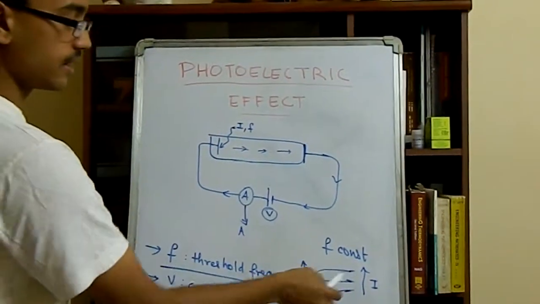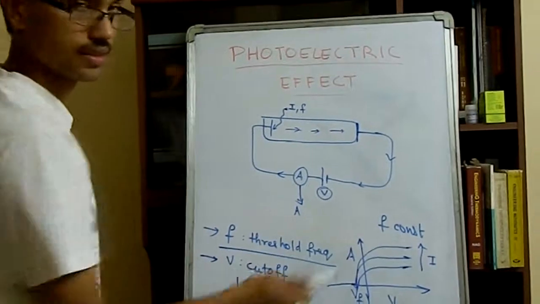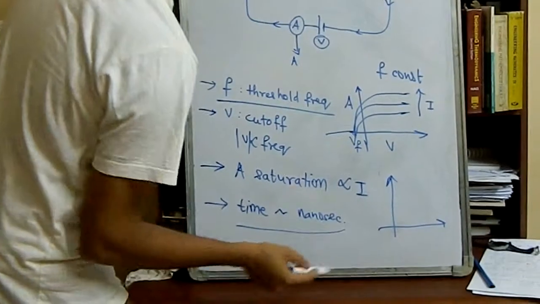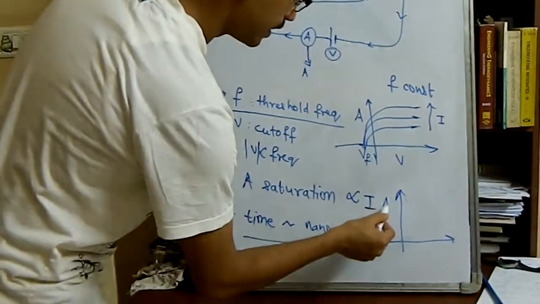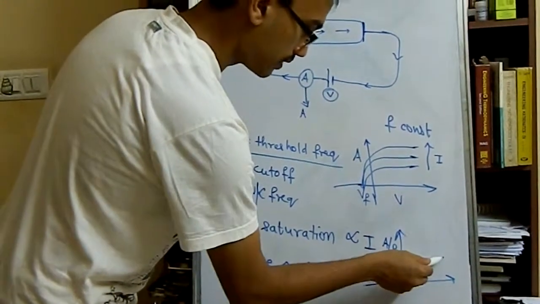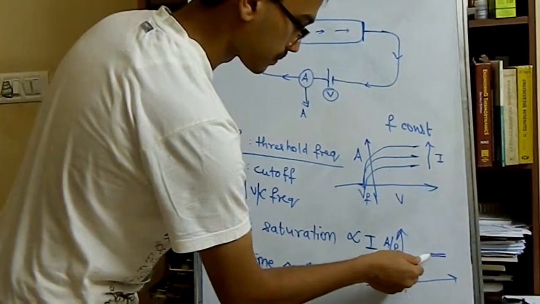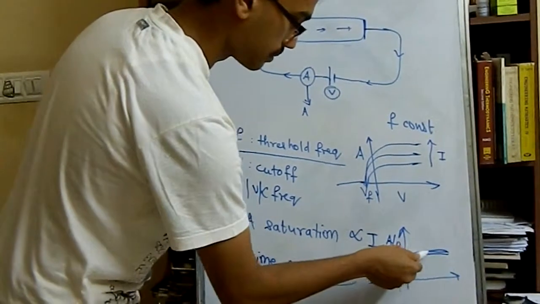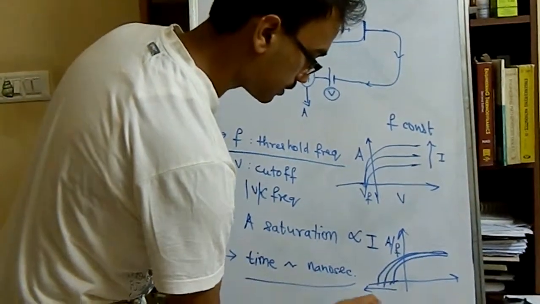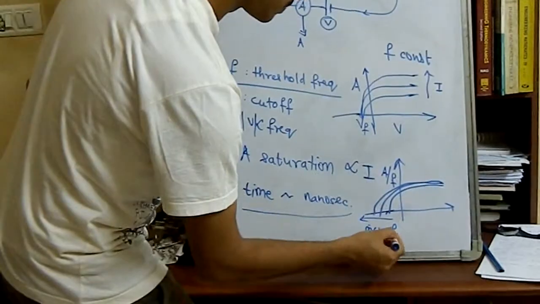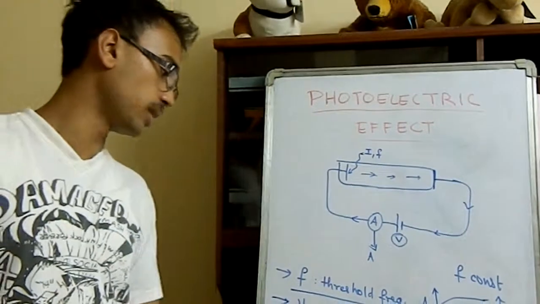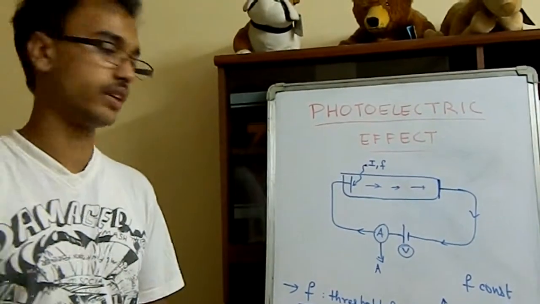When the intensity is increased, correspondingly the saturation current increases. And when the ratio of intensity to frequency is kept constant, the saturation current remained the same, but the threshold frequency kept decreasing with increasing frequency. So these are the plots that are observed experimentally, and the classical electromagnetic theory was not able to explain the existence of a threshold frequency.